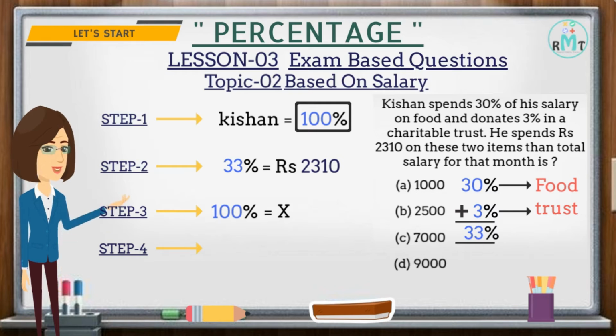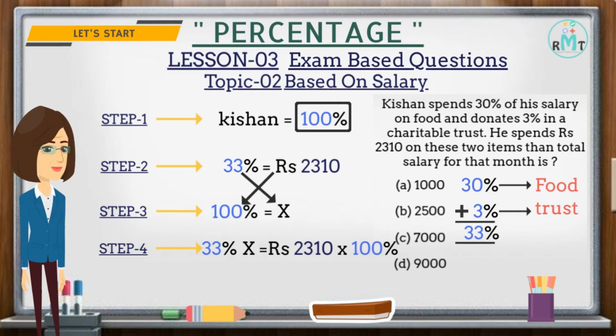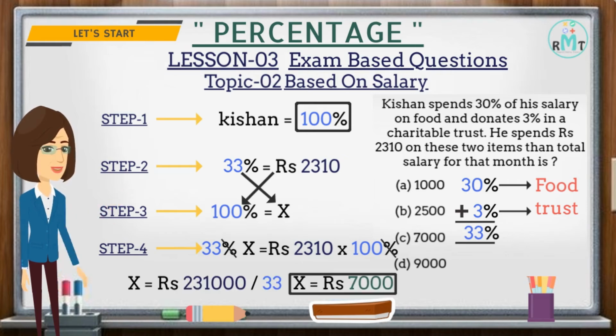Next we cross multiply the values obtained in step 2 and step 3, and we get 33% of X equal to 2310 of 100%. Now, after further solving the equation, we get X equal to 7000. So the salary of Kishan for that month is equal to Rs 7000.